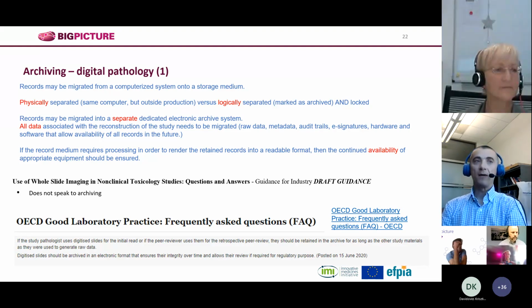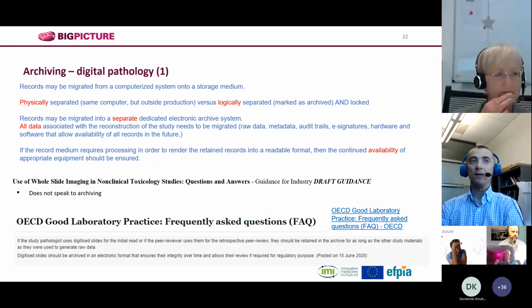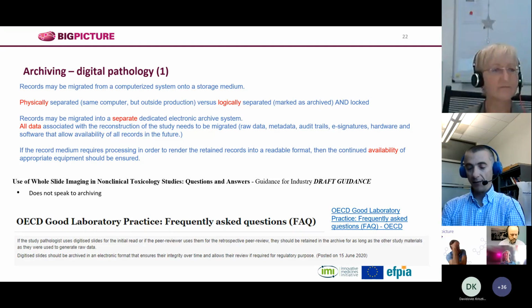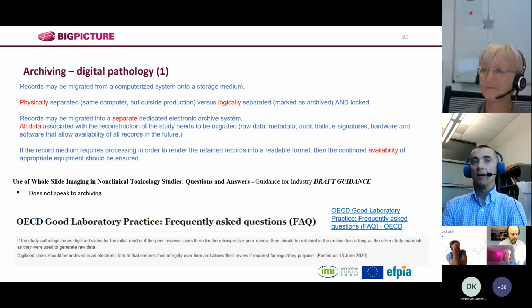In terms of archiving, the expectation is that the data are on a separate and dedicated archiving system. And it's not only the images, it's the metadata, it's the audit trails, it's the electronic signature, and it may also be hardware and software, in particular if the record medium requires processing in order to be able to read the data.